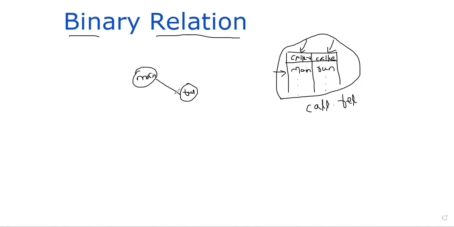So the beauty of binary relations is that you can also visualize them as directed graphs. You could apply graph analysis on this graph to extract knowledge. You can also do SQL-like queries on this table to extract new information. So this is essentially what a binary relation is, informally speaking.